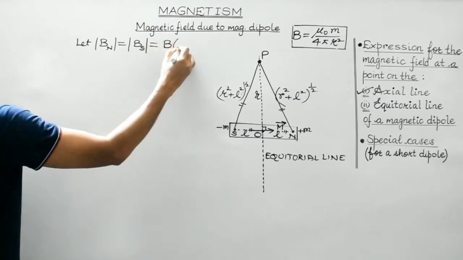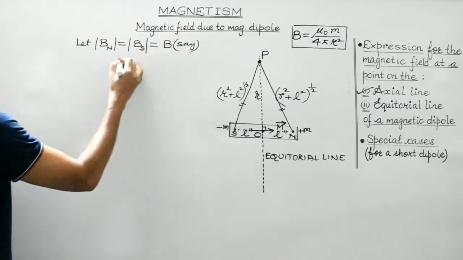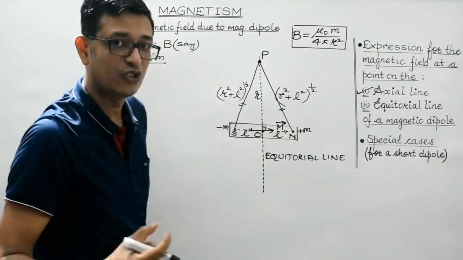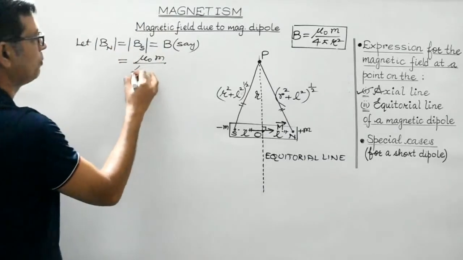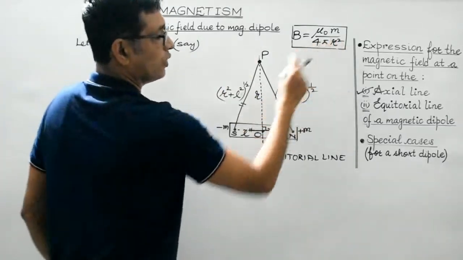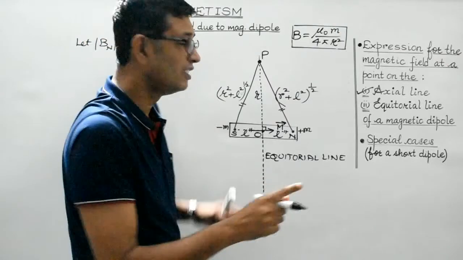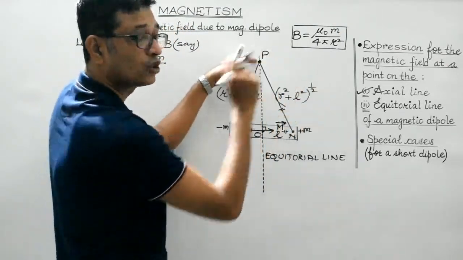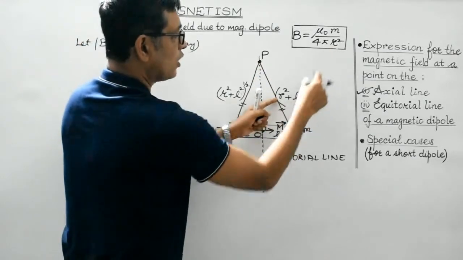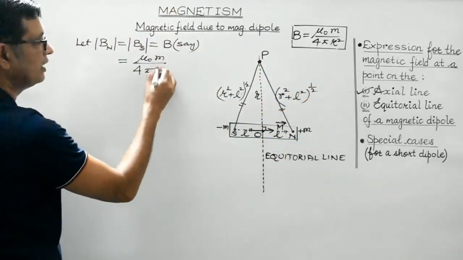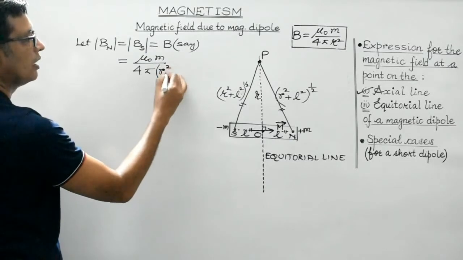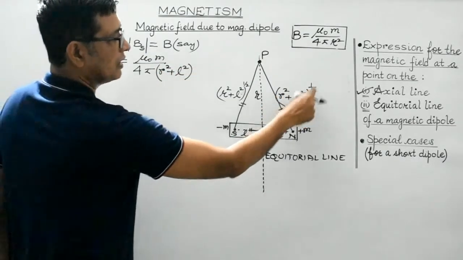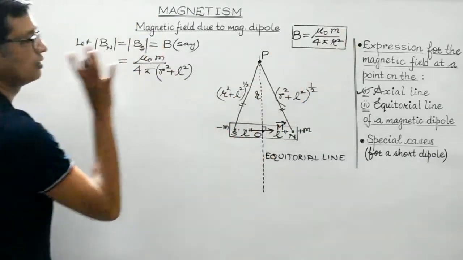Let us consider it to be B, and it will be equal to mu naught m over 4 pi r square, where m is the pole strength. What is r? It is the distance of the observation point from the pole. So it is the square root of r square plus L square, and we square this, so the square root gets eliminated. So we will be left with r square plus L square.